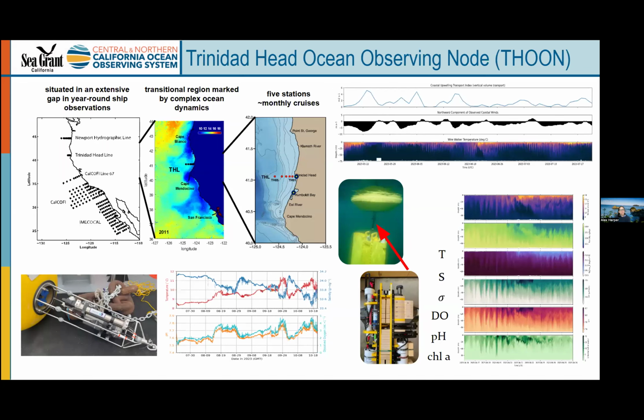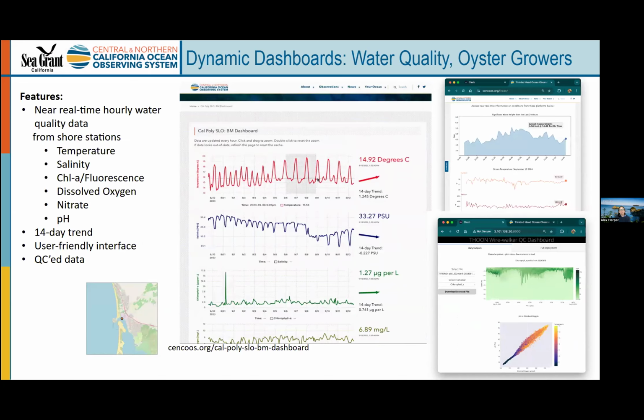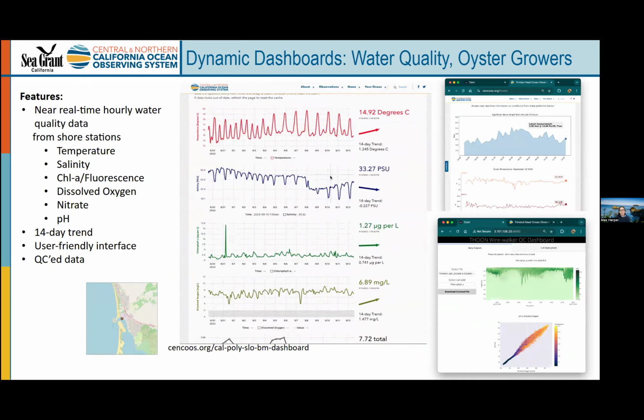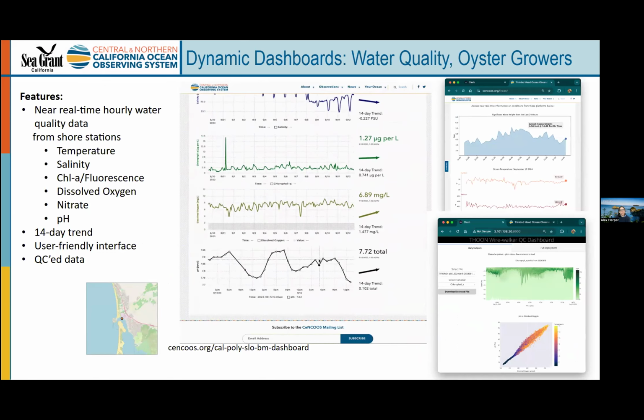We worked with novel observing systems such as the Trinidad Head Ocean Observing Node, or THOON, which was established through the same project funding line, Prop 68 in California, and worked with stakeholder groups such as water quality managers and oyster growers to build dynamic dashboards and other information products.